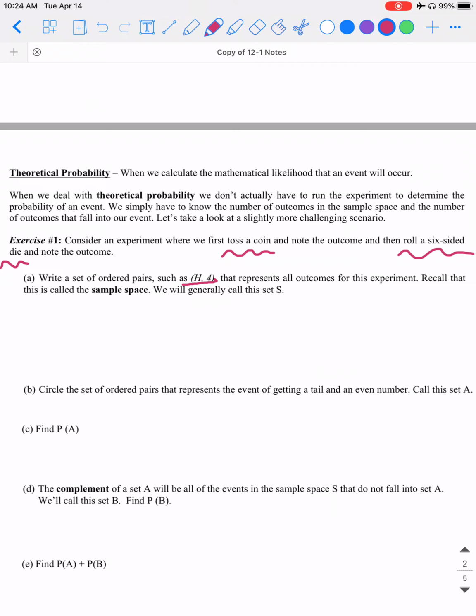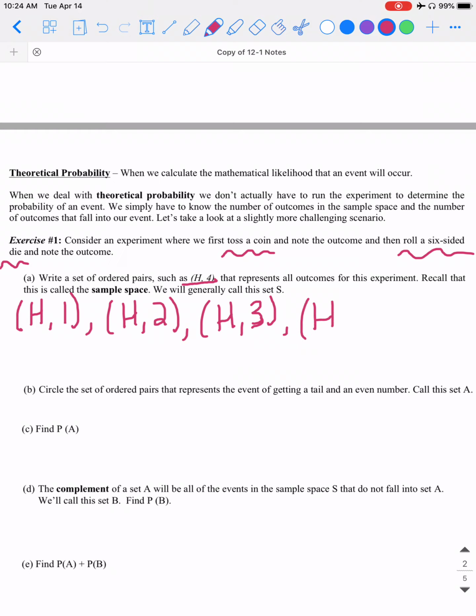So I can start with landing heads up on my coin. And I can land heads up and roll the die and get a 1, heads up and get a 2, and so on until I get to 6, since I have 6 different sides on my die.